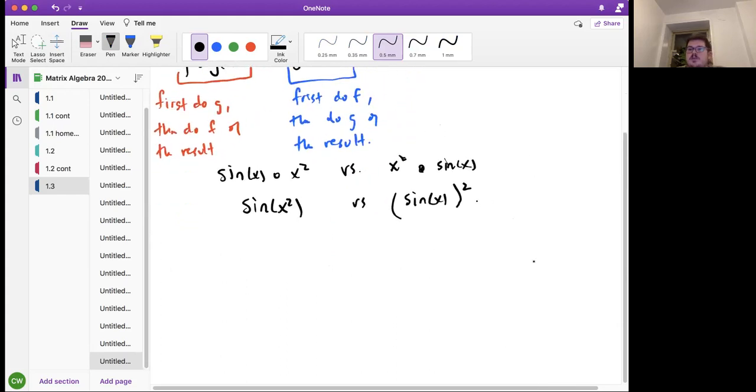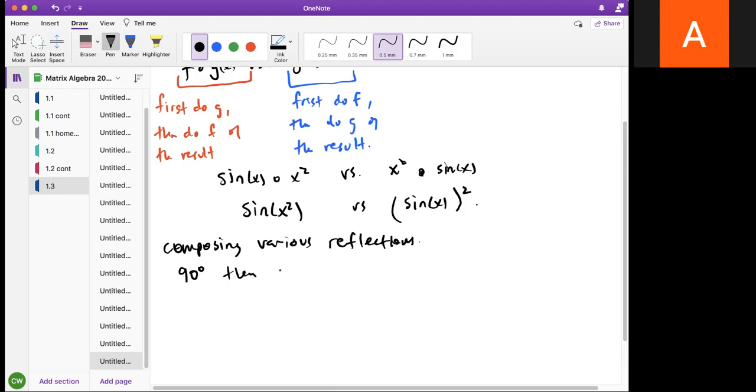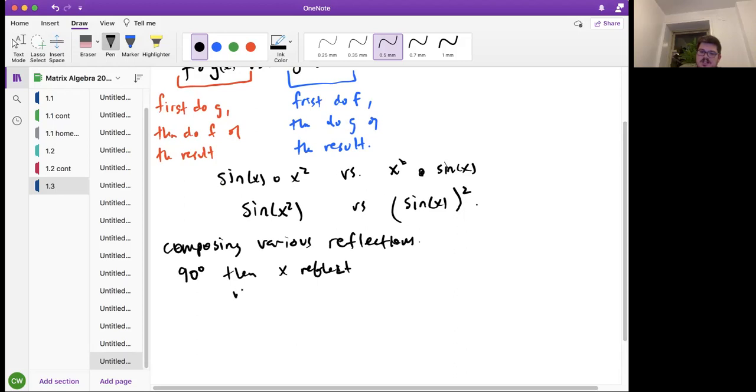So between now and Wednesday, think about composing the various reflections that we talked about. For example, what would be 90 degrees and then x reflect, versus x reflect and then 90-degree rotation?